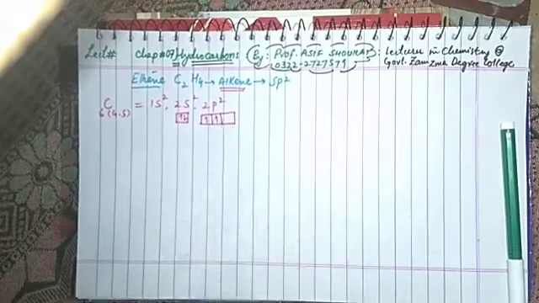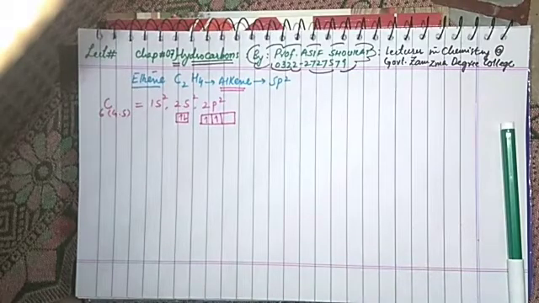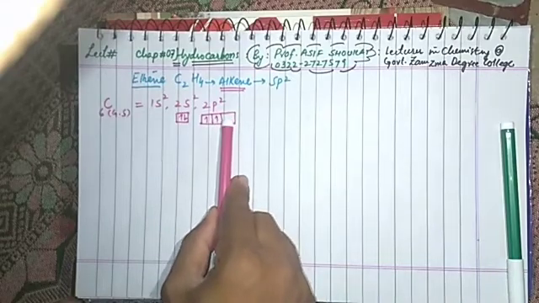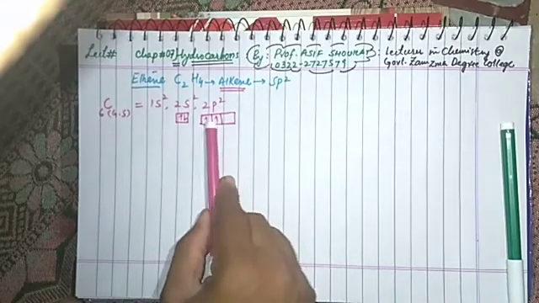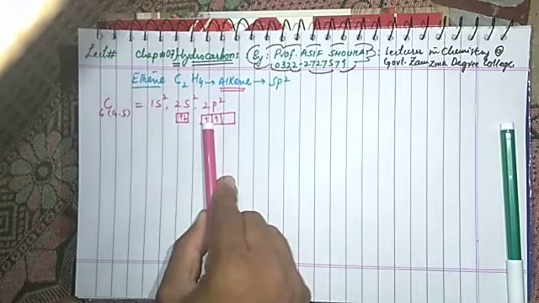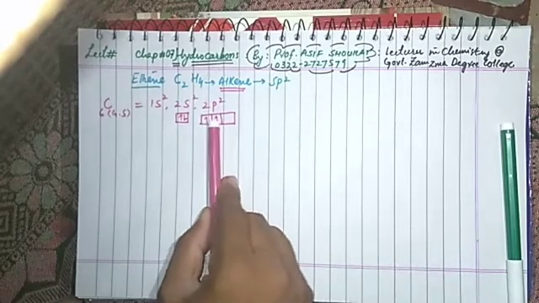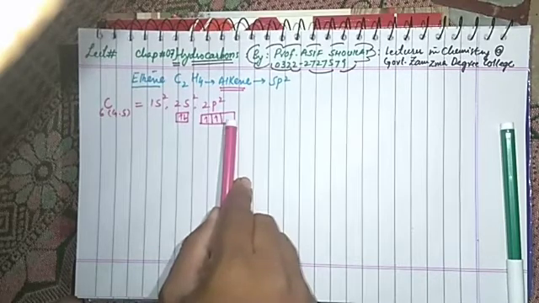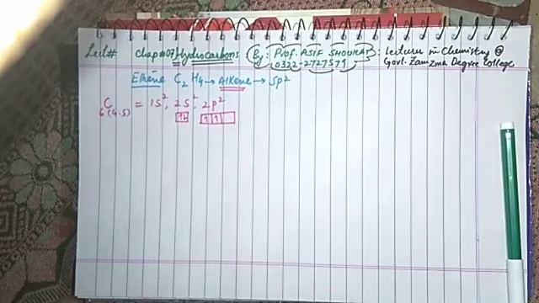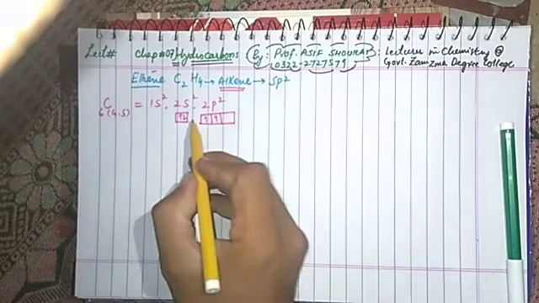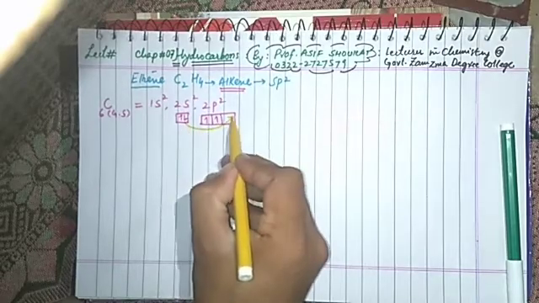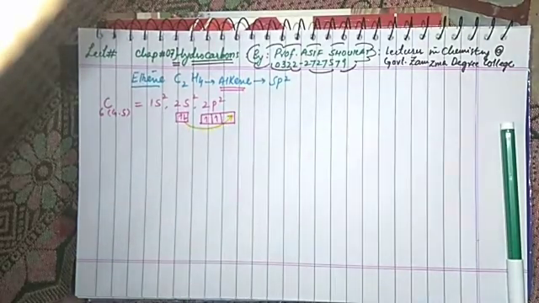I have told you previously, according to Hund's rule, when equal energy orbitals are available, electrons prefer to remain unpaired. That's why they are unpaired, not present in a single box like this. Since this one is empty, that's why one electron will jump from 2s to 2p orbital.